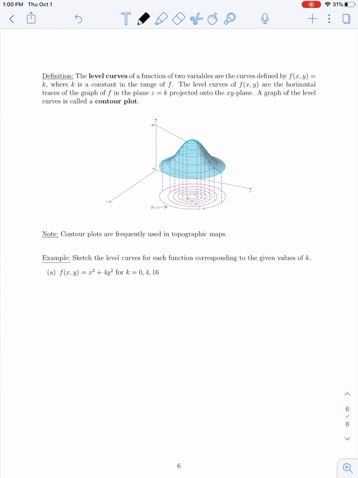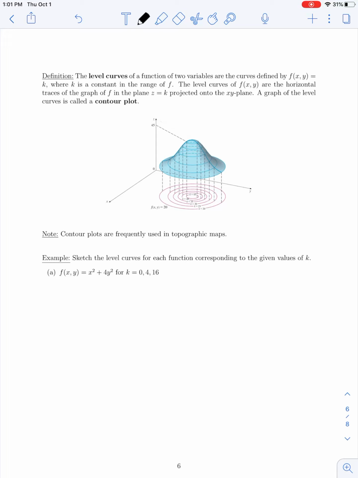Now, in general, if we're trying to sketch the graph or visualize the surface, which would be the graph of a function of two variables, well, we might not always have a function that's as simple as what we considered in our previous examples, where the equation of our surface is a surface that's familiar to us.